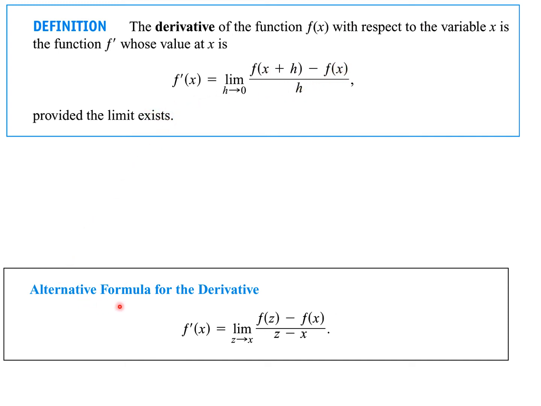An alternative formula for the derivative is the following: f prime of x equals the limit as z goes to x of f of z minus f of x, divided by z minus x. The way to prove this is just take h equals z minus x and the rest will be history. You could figure out the rest, but these two are identical.